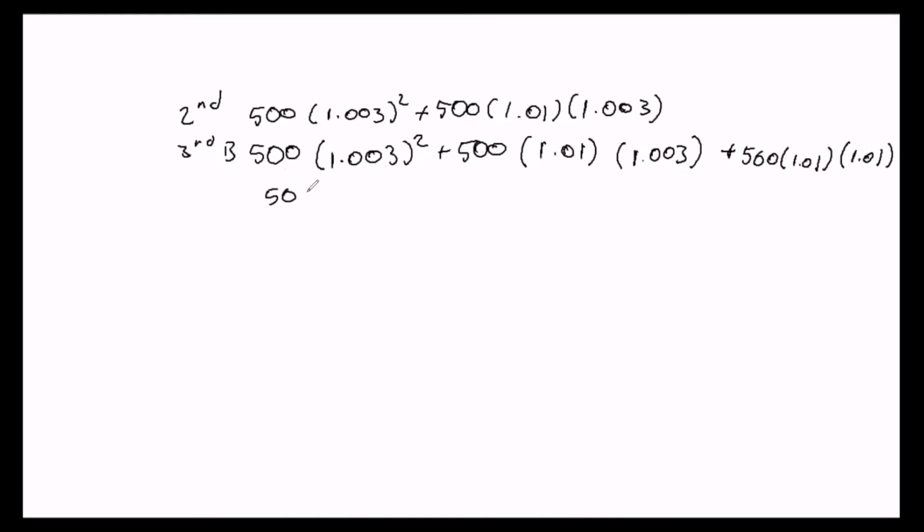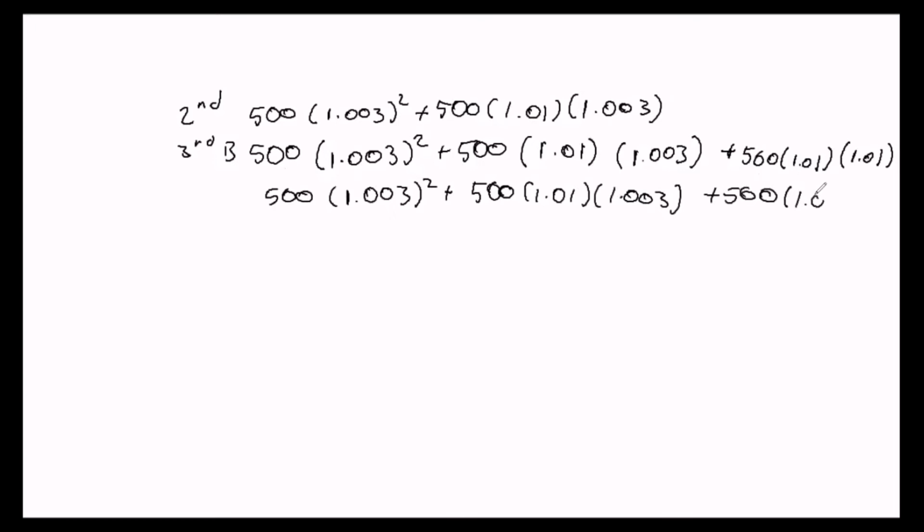So what does this become? This becomes 500 bracket 1.003 squared plus 500 times 1.01 bracket 1.003 plus 500 times 1.01 squared, right? Yes. So we're starting to see a pattern here. And if we add the interest, we will really start to see a pattern. Because if we multiply all of these by 1.003, what do we get?